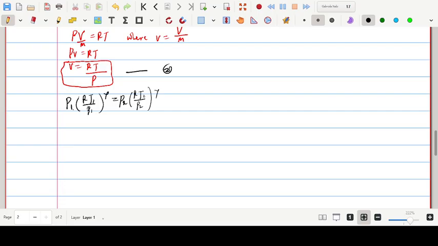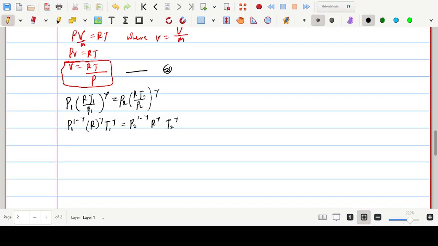Using the law of indices, this one divided by this one, whereby this one has gamma, it will now be P1 to the power 1 minus gamma. You understand now? So R raised to power gamma, then T1^gamma equals, same thing goes with this, P2 to the power 1 minus gamma, then R raised to power gamma, and finally T2^gamma. Is that okay?